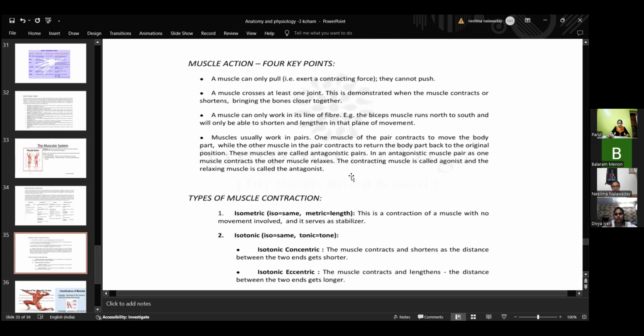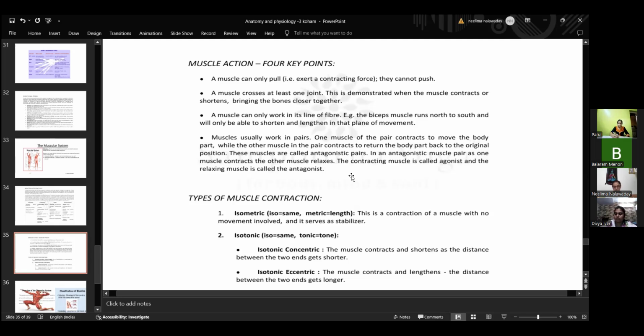quadriceps and hamstring. Just try to think about it. This is homework. No, but this example I have already mentioned in the next slide. So I will give you one more asana. Try to understand the movements whenever you are performing that asana. Which muscle is getting involved, which muscle is reducing in fiber size, and which is lengthening.